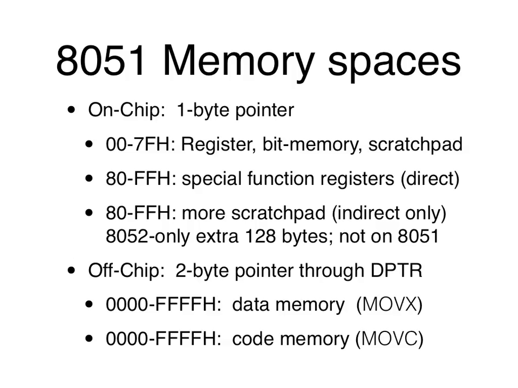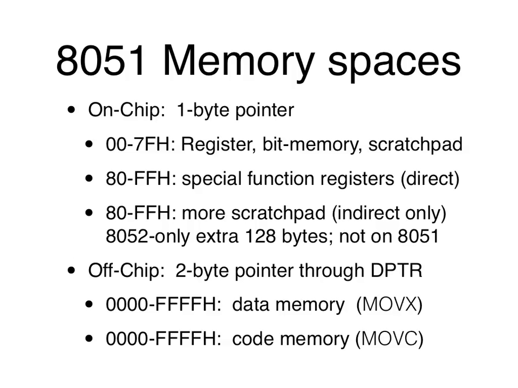That's 64K locations. And to access data space, you use the MOVX instruction. To access the code space, you use MOVC. C stands for code. And so that means if you have some address, like 3000 hex, I don't really know which one you're talking about unless you tell me if it's in code space or in external data space.